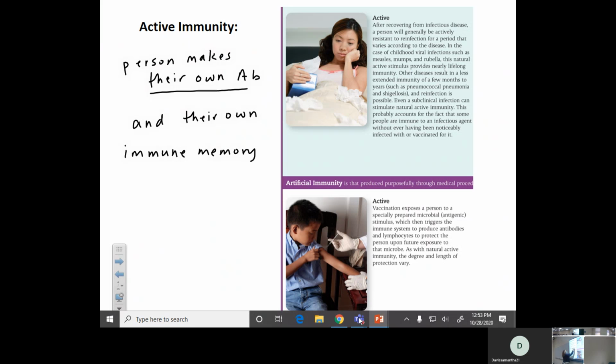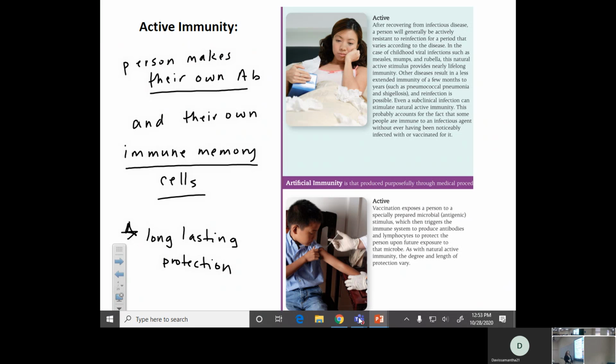They're making memory cells as well. They're actively making memory cells, they're actively making antibodies. And so active immunity gives long-lasting protection, as long as the antigen doesn't change shape.